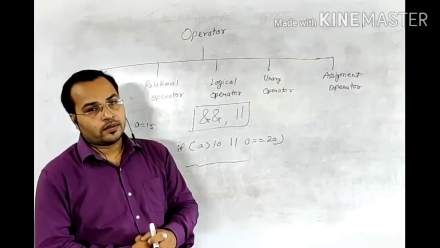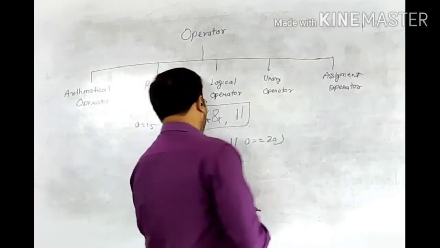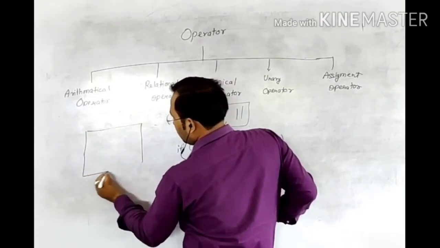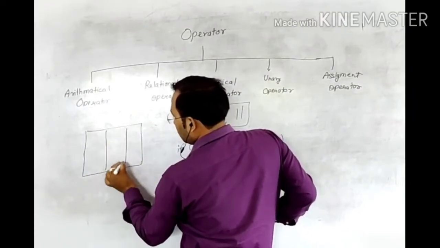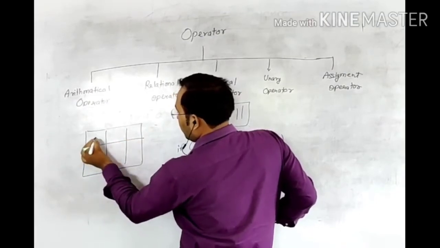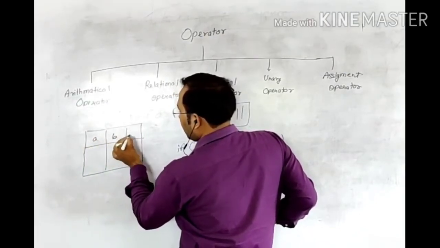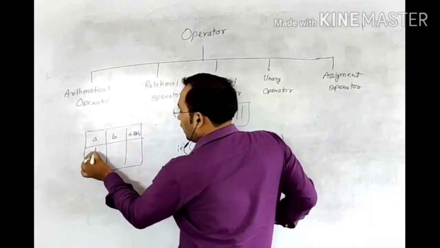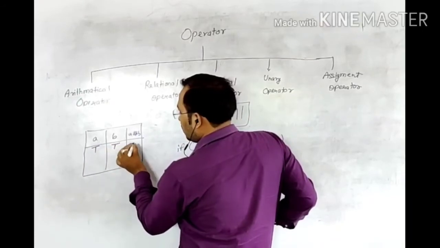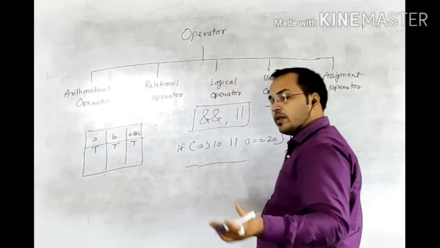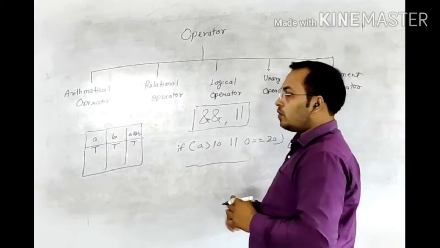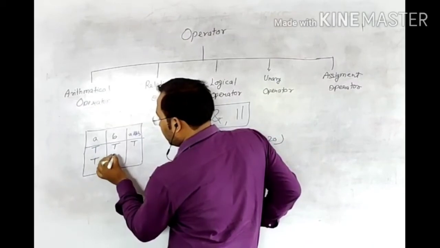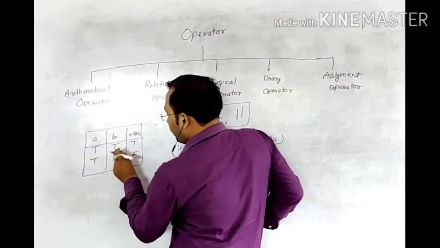Okay, I think clear. If I make one truth table for this, suppose this is A, this is B, and we are performing A AND B. If true, true, then always condition true. If first condition is true and second condition is true, then we are going to get the result true.